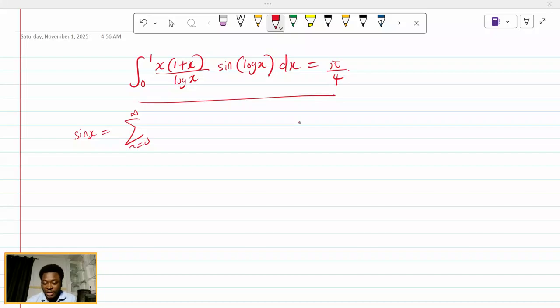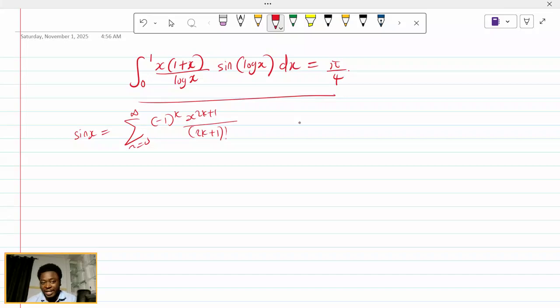On my Facebook page, when I posted this video, one of my Facebook friends actually used the series for sin x, which is the sum of (-1)^k x^(2k+1) divided by (2k+1) factorial.